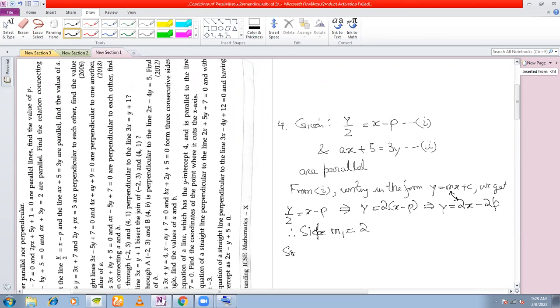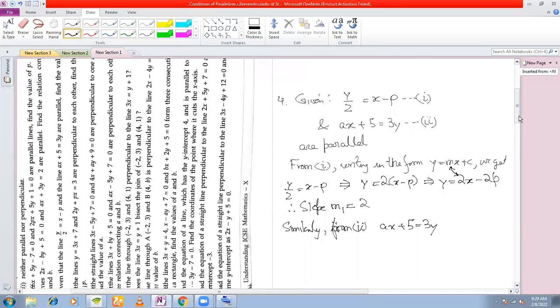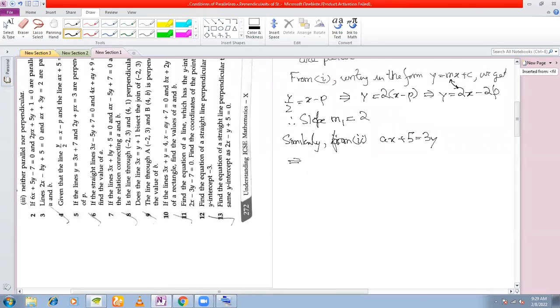Similarly, from 2, you write this equation in the form y is equal to mx plus c. We have ax plus 5 is equal to 3y. Divide both sides by 3, and you get y is equal to ax plus 5 by 3.